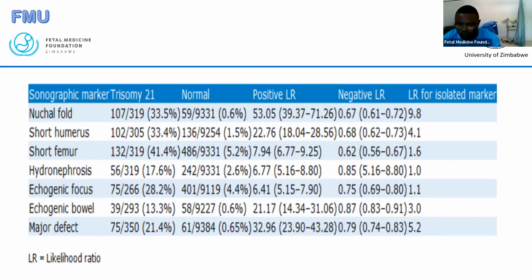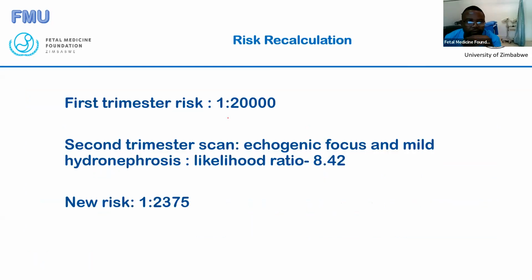If we assume that the woman had a first trimester risk of 1 in 10,000, we are going to divide by 9.8. And this will probably give us a risk of close to 1 in 1,000.